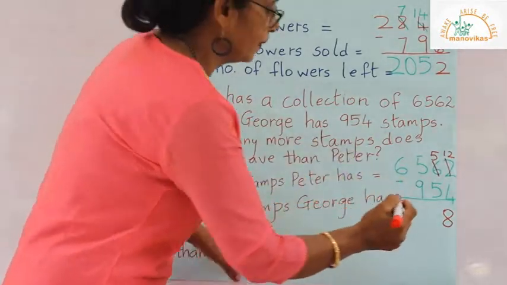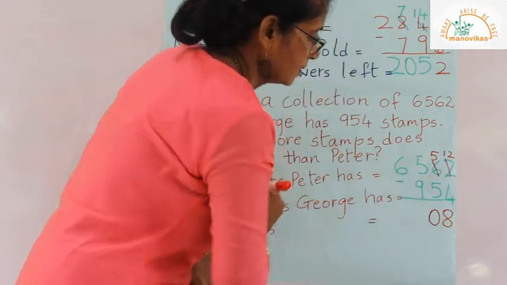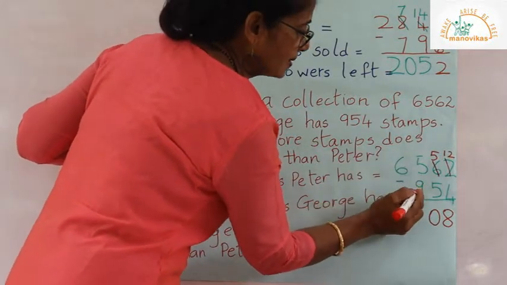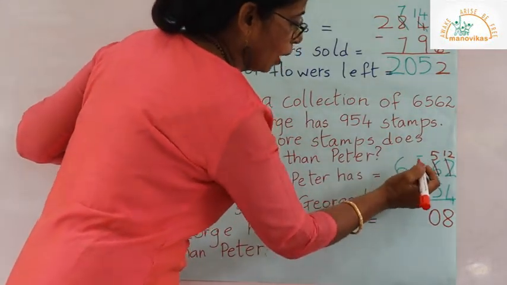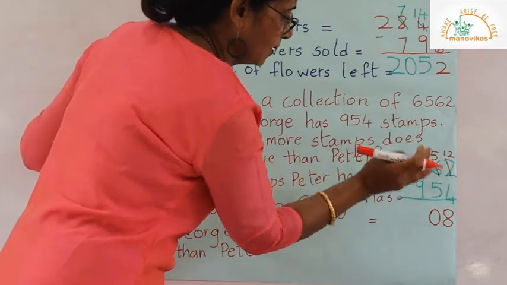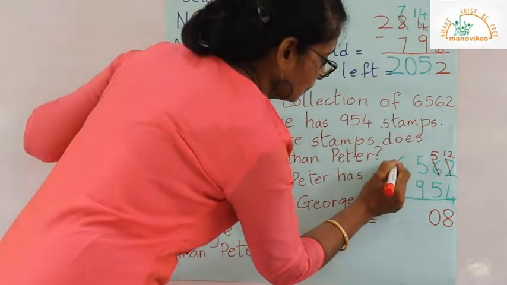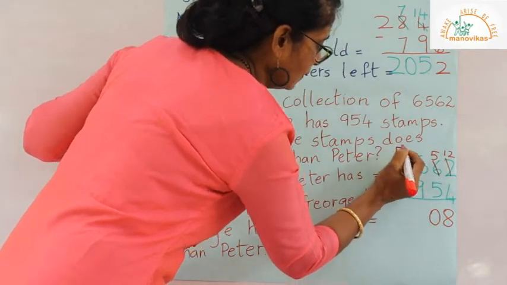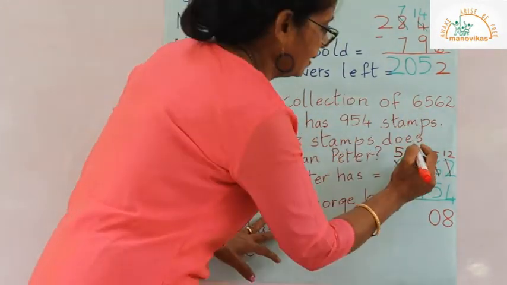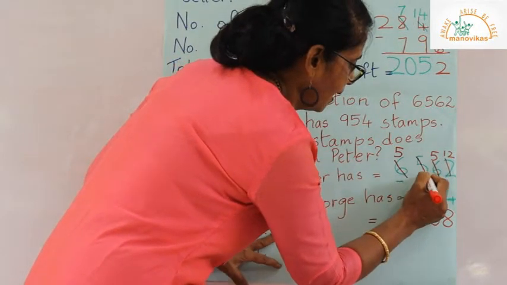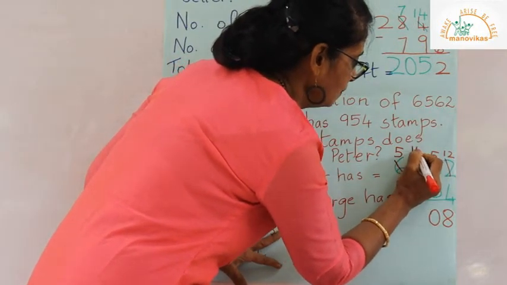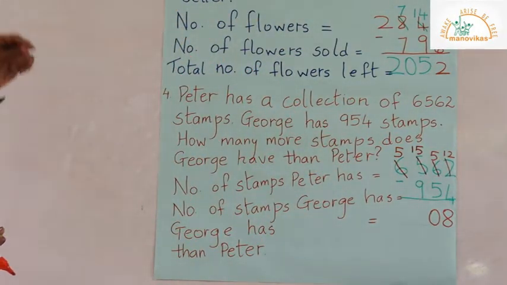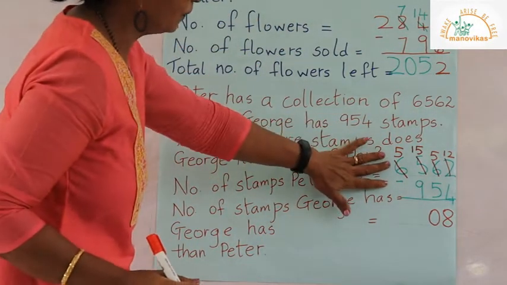5 minus 5, when you minus, you get a 0. Now, the number in the hundreds place is 9, while on top it is 5, which is a smaller number. So what we do, we borrow from the thousands place. When we take away 1 from the thousands place, the number in the hundreds place becomes 15.